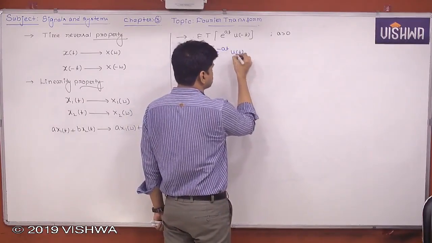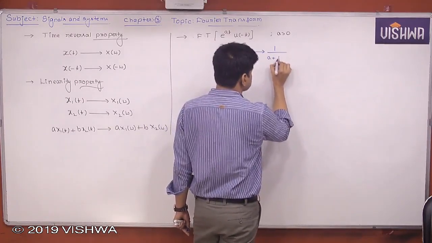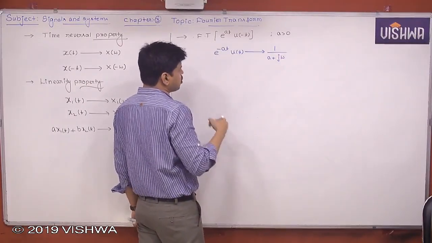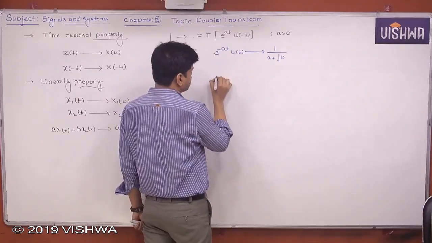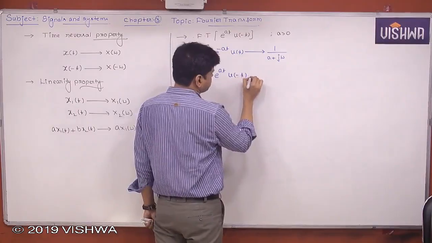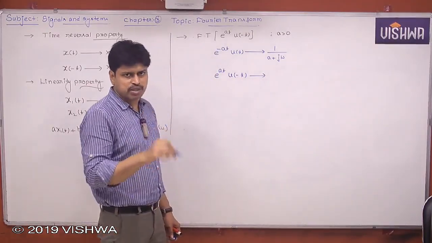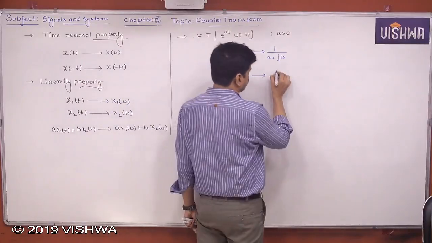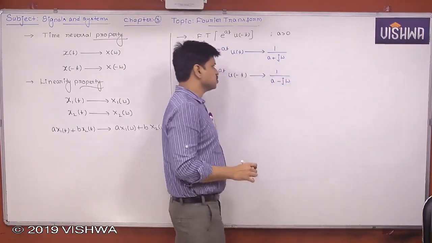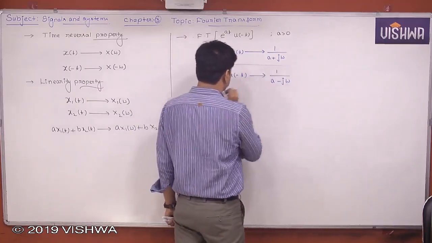Just now we have calculated the Fourier transform for this: 1 by a plus j omega. Then if t is replaced with minus t, e power at u of minus t, then from the time reversal property, we have to replace omega with minus omega. Then definitely we are going to get 1 by a minus j omega. So this is the Fourier transform for e power at u of minus t.